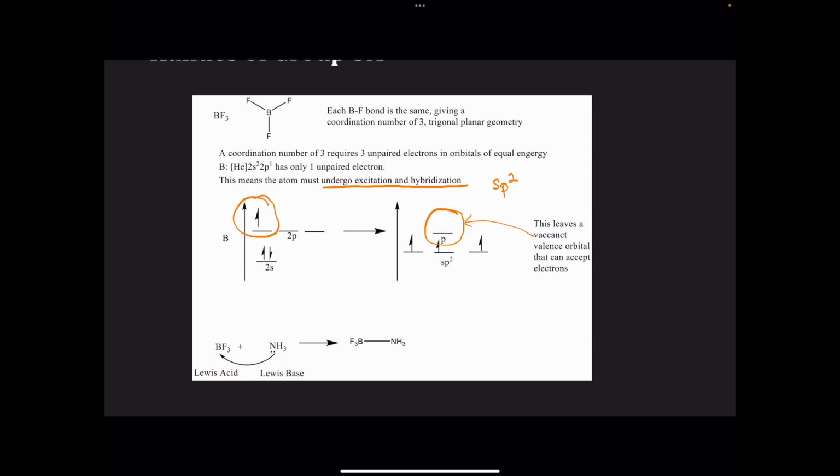If it interacts with something like ammonia, the ammonia has the lone pair. That lone pair can flow into the boron. It can occupy that vacant p orbital and form a bond. And so we can get this bond between the boron and the nitrogen. The NH3 is the Lewis base. It's donating the electrons to form the bond. The boron is accepting it in that vacant p orbital.